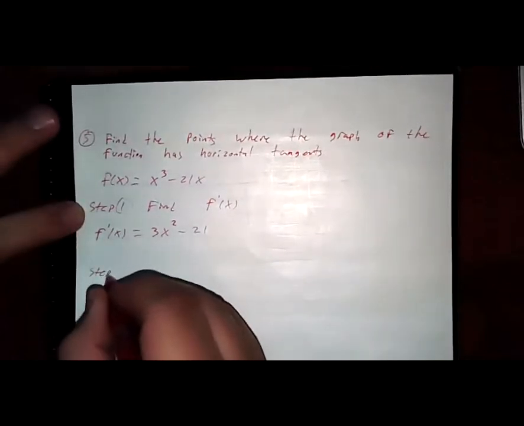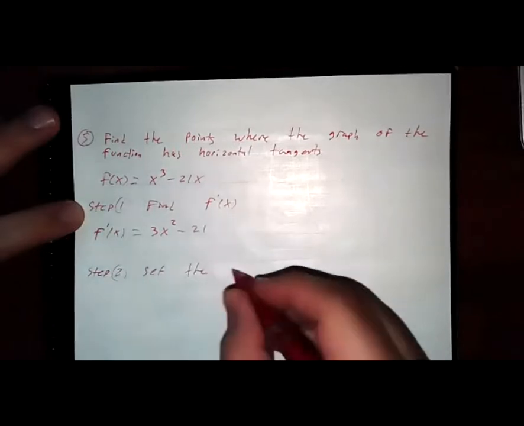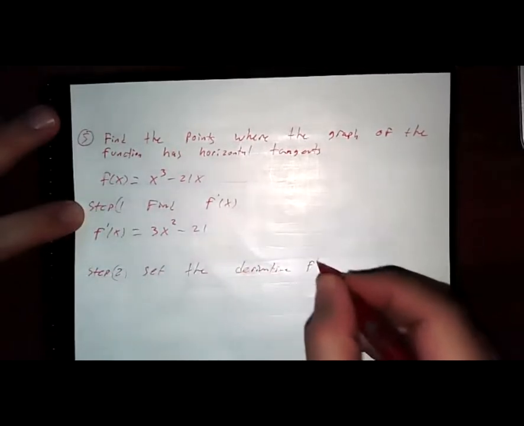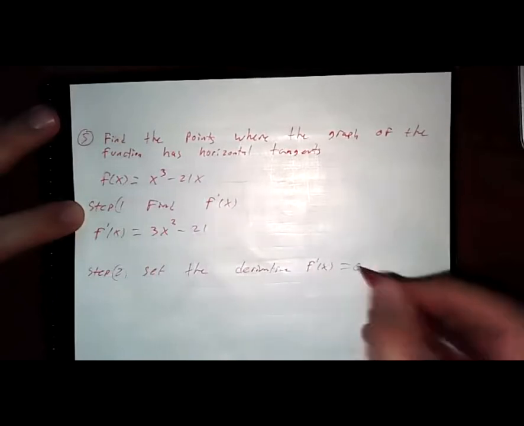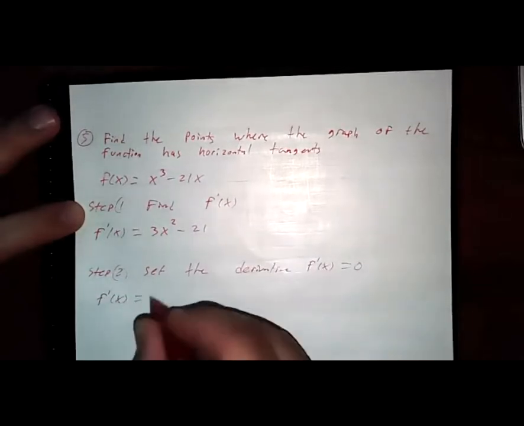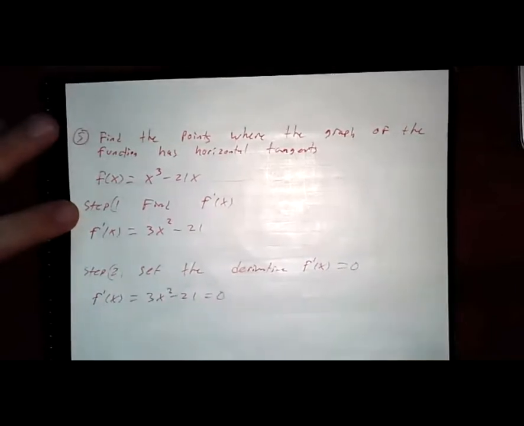Step 2, set the derivative f prime equal to 0. So f prime of x equal to 3x squared minus 21 equal to 0. So solve for x.